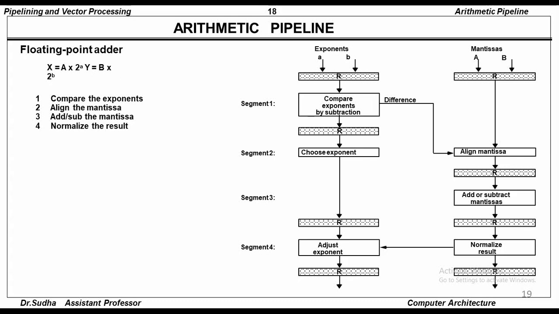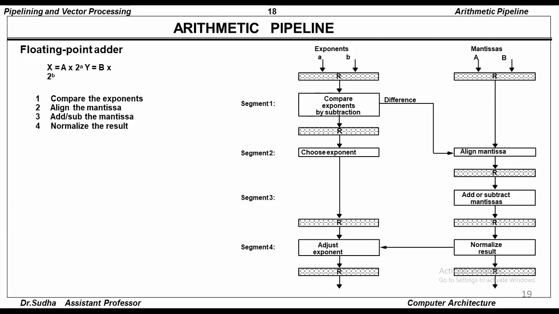In the first segment, we compare the exponents a and b by subtraction. After that, the difference is used to align the mantissa. Next, in segment 2, we choose the values, store them in the register, then adjust the exponent. After that the register will hold the result. The comparison result will be shown in the aligned mantissa.